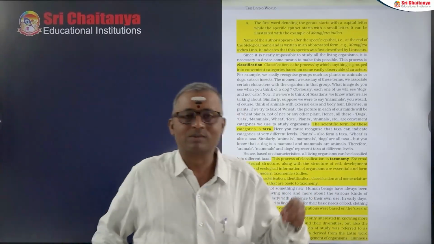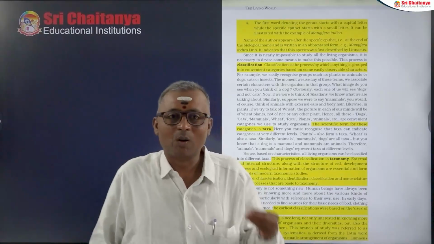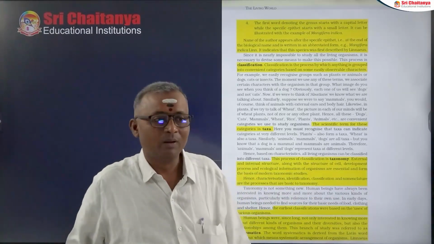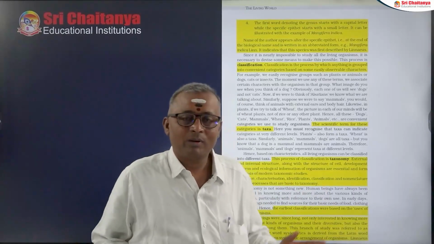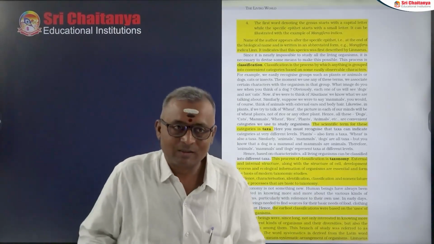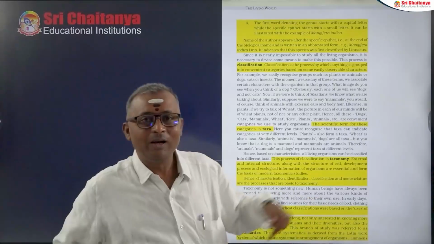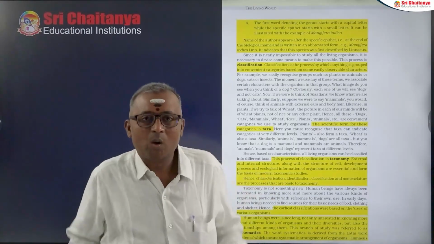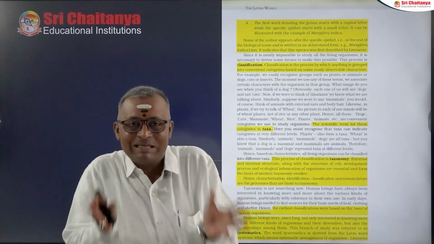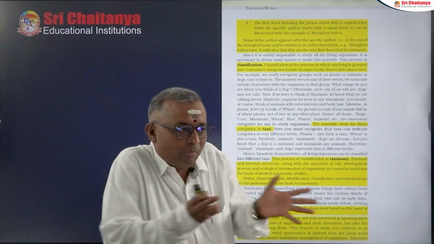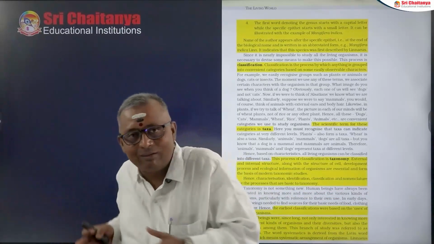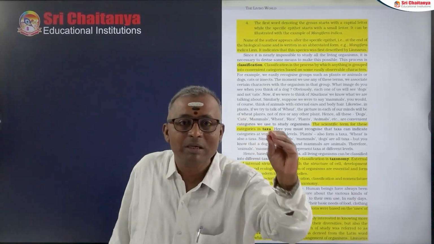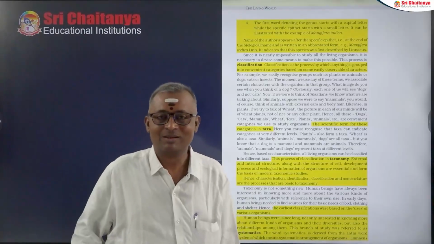For example, you are not keeping the dining set or the sofa set in the kitchen, and the dining set in the main hall. So you are allocating each article of your home to a particular room. That means you are categorizing these articles into different rooms based on some easily observable characteristics.